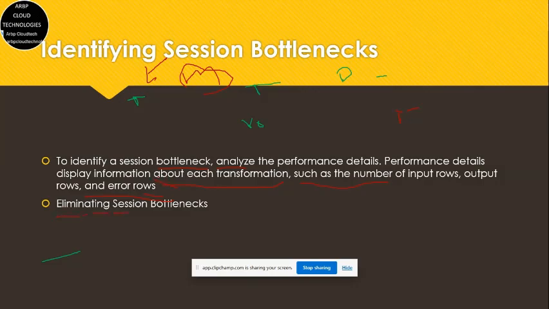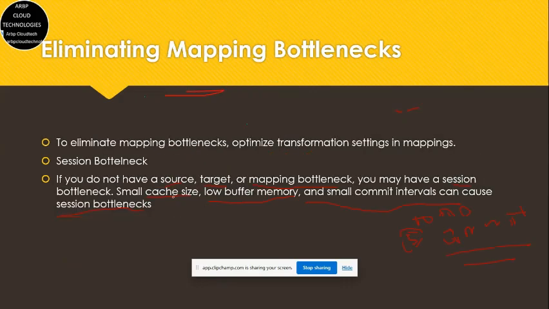A session bottleneck only happens due to two or three things: the commit interval, not configuring the cache, a small cache, a very low buffer size, or a very small commit interval.